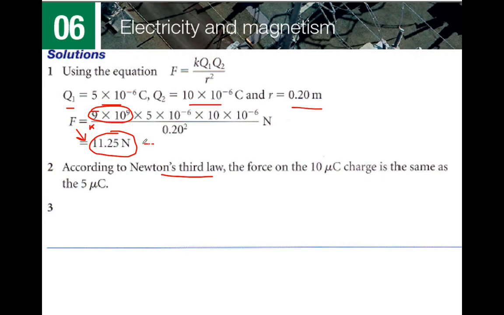So if there's this much force that's experienced by the 5 microcoulomb charge, it will be the same force experienced by the 10 microcoulomb charge. Okay? And that's really important because we don't want to double it. This is like when we had the bug hit the windshield and the windshield hit the bug. That's this whole problem right here.